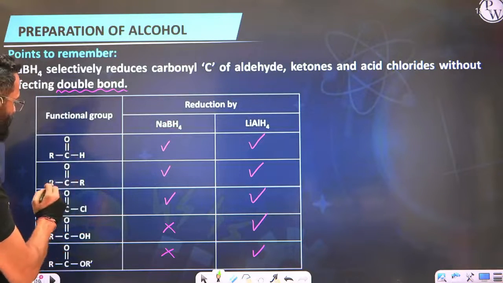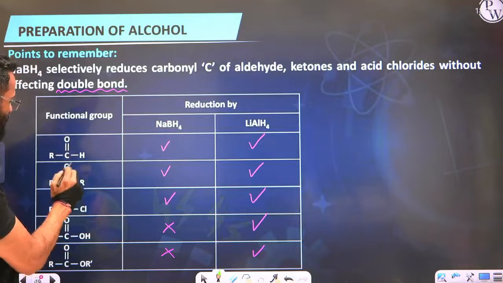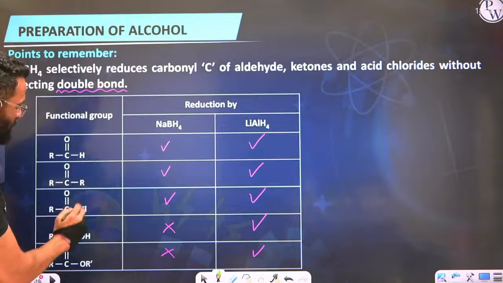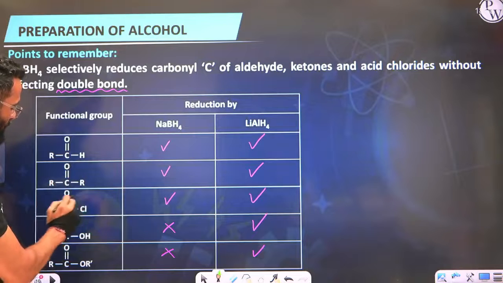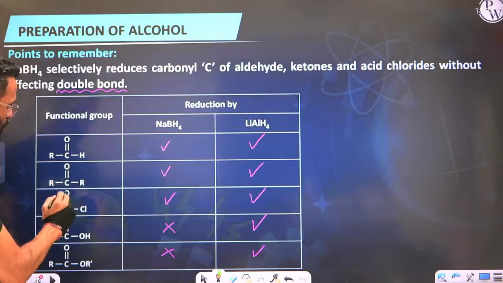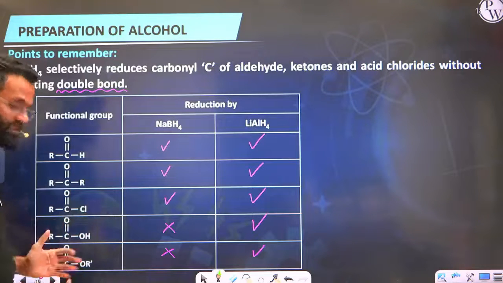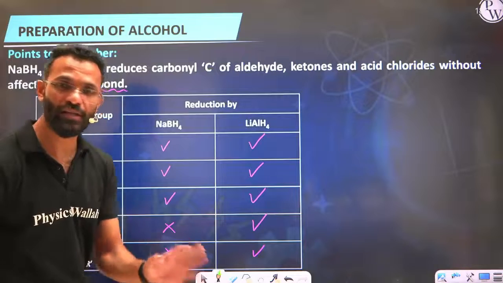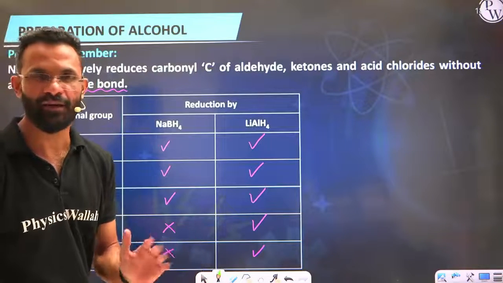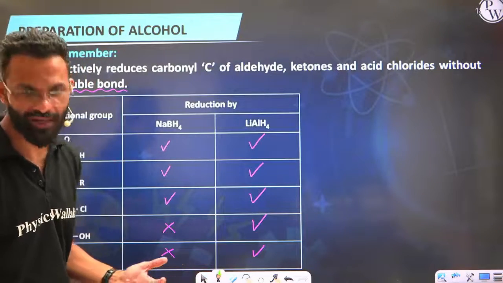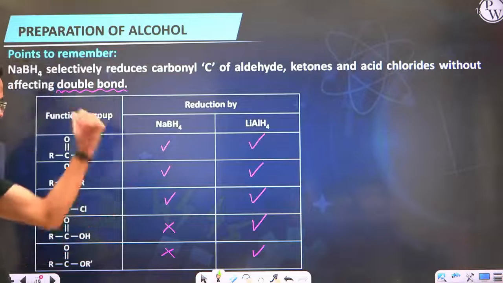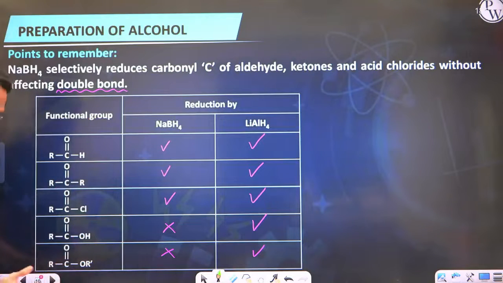Here the product is going to be RCHR single bond OH. Here chlorine will be removed, because it's a leaving group, so you're going to get RCH2OH. Here R, again OH will be removed. So RCH2OH. See, the product that I'm writing is always keeping intact the original number of carbon atoms. I'm neither subtracting nor adding any extra carbon atom. So whatever alcohol you're getting is with respect to this carbon. But in case of ester, you have got two alkyl groups. So simply remember, break this bond.